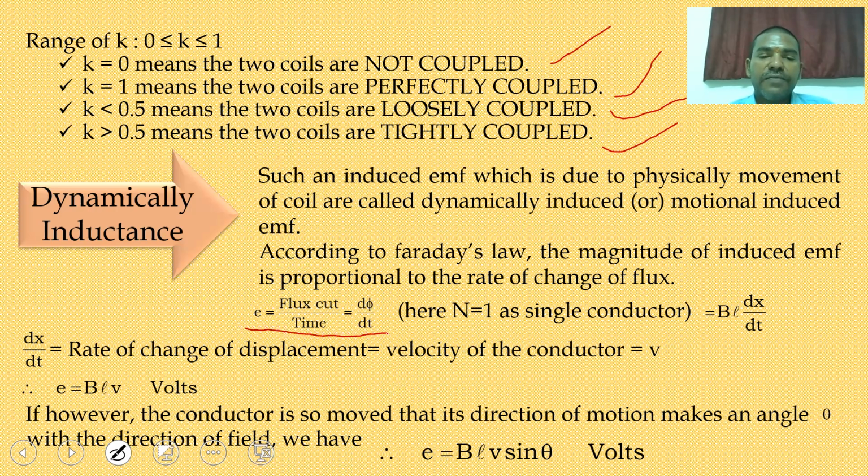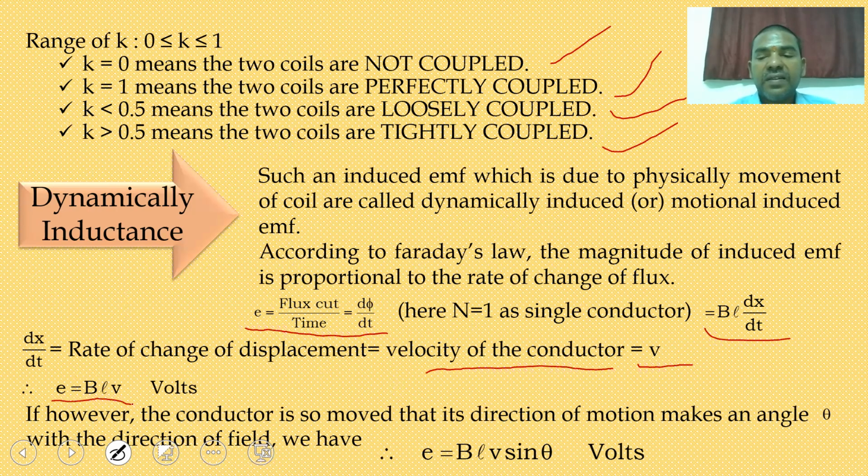Mathematically you can write it as B into L into dx by dt, where B is the flux density, L is the length of the conductor, and dx by dt is the rate of change of displacement. You can call it the velocity V of the conductor. So E is equal to B into L into V.